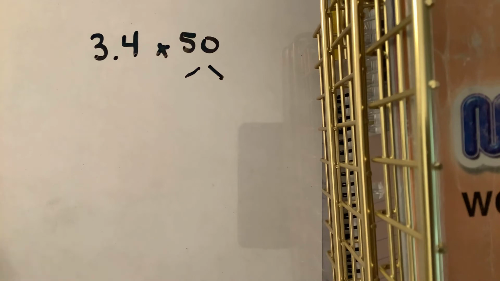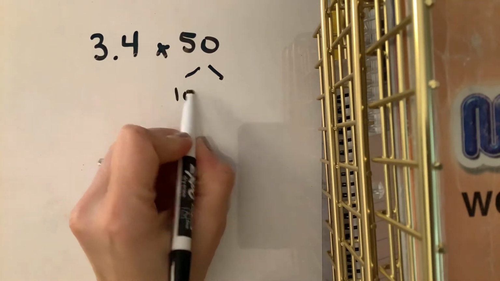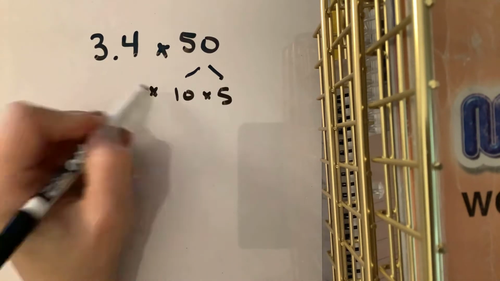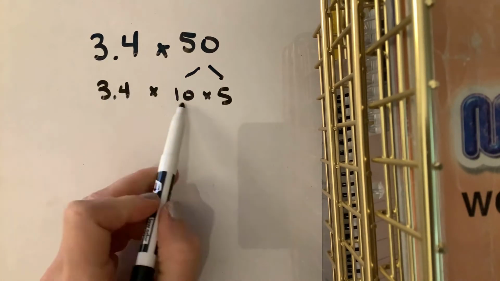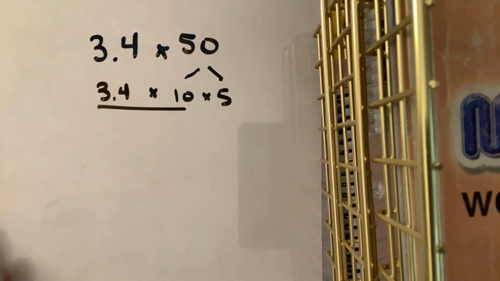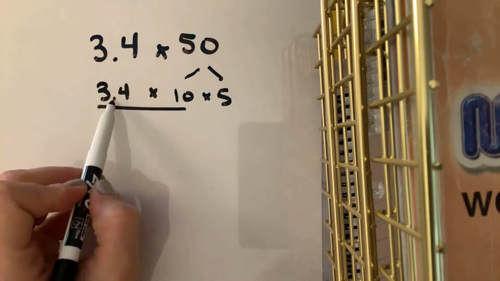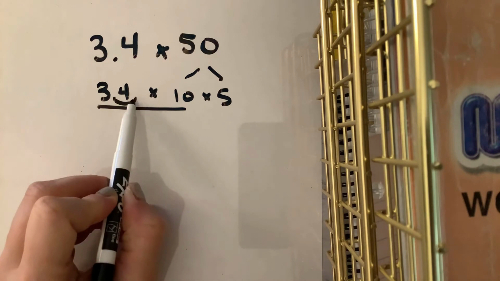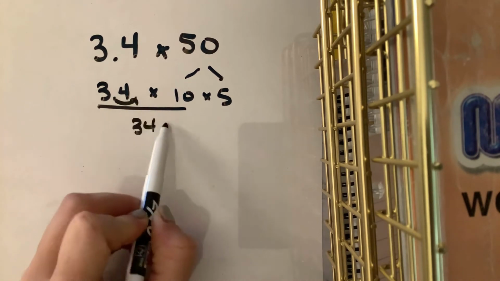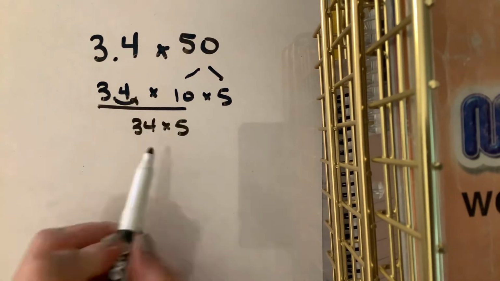We're going to break it apart into 10 and 5. Now we start here. Remember, anytime we multiply a decimal by 10, we're just going to move that decimal point 1 to the right. So now we have 34 times 5.